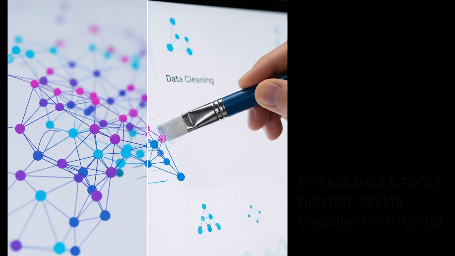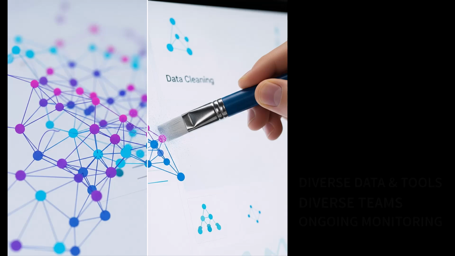Two, bias detection tools. Developers are building tools that can actively scan AI models and their data for signs of bias. Think of it like a fairness scanner that highlights where the AI might be making unfair assumptions. Number three, diverse teams. Having diverse teams of people building AI is incredibly important.